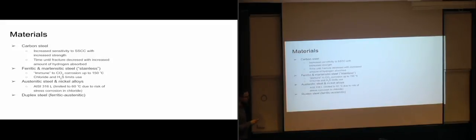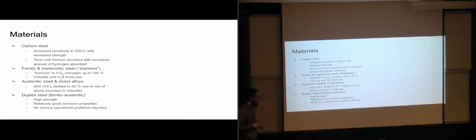So with duplex steel, ferritic austenitic steel, it has a very high strength and relatively good corrosion properties. And there are no serious operational problems that have been reported with duplex steel. But there are some manufacturing problems that have been reported with it.